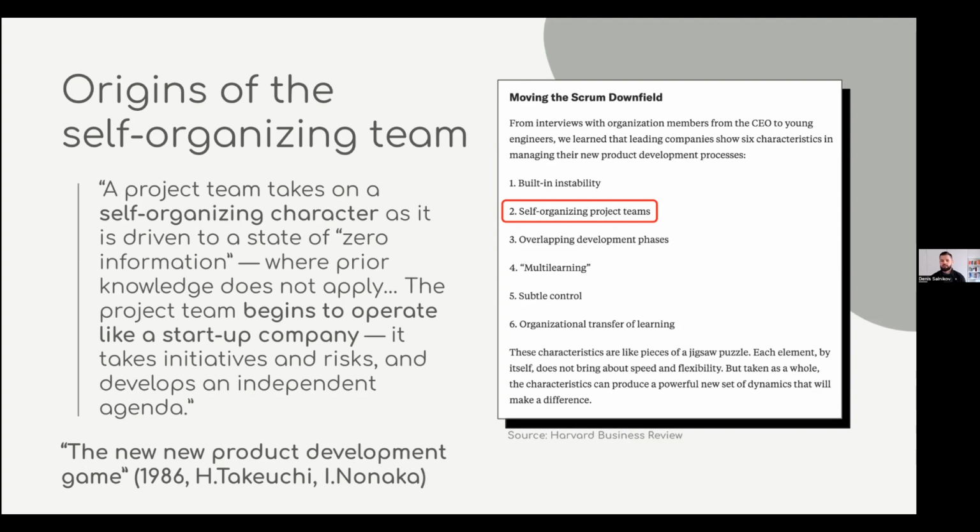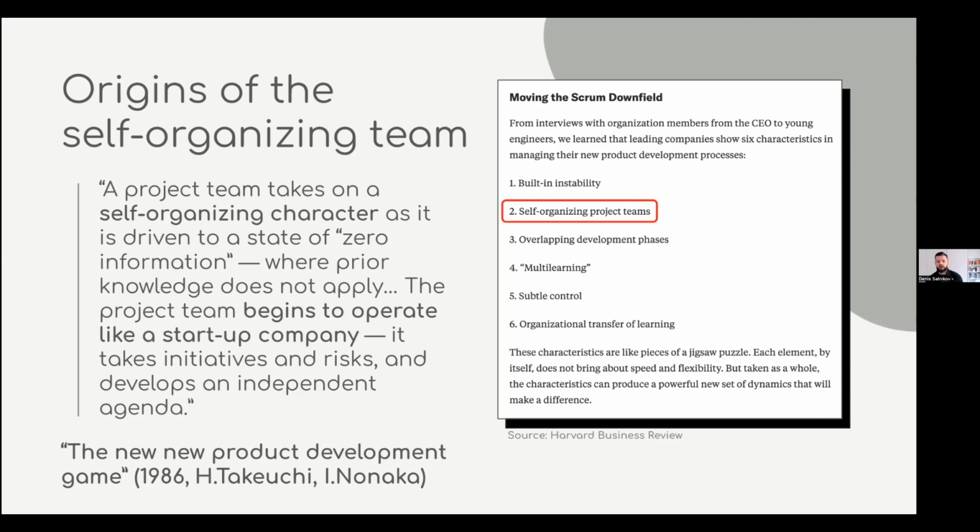On the screenshot on the right from that exact white paper, you can see the six key elements of successful companies they were able to define, and one of them was self-organizing project teams, meaning teams which operate more like a startup company, because they're operating in a kind of unpredictable environment, which we nowadays know as a complex environment from the Cynefin framework.